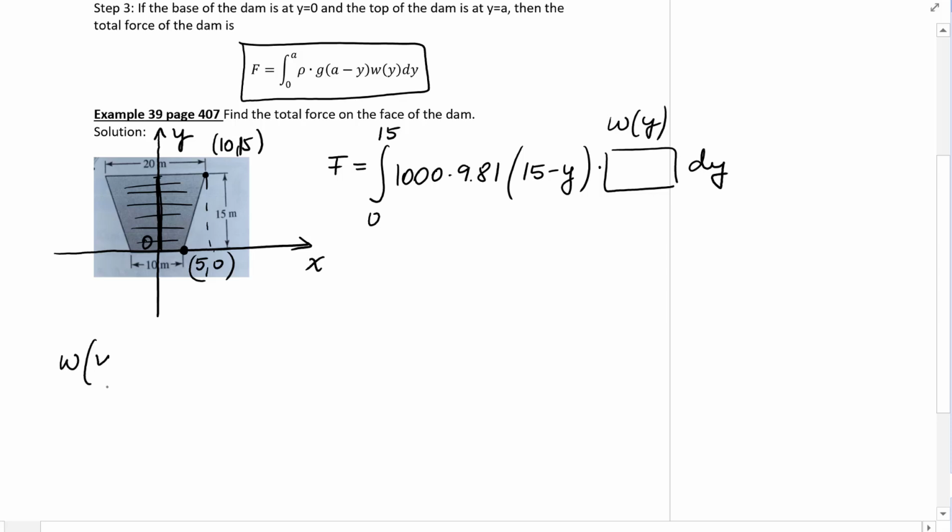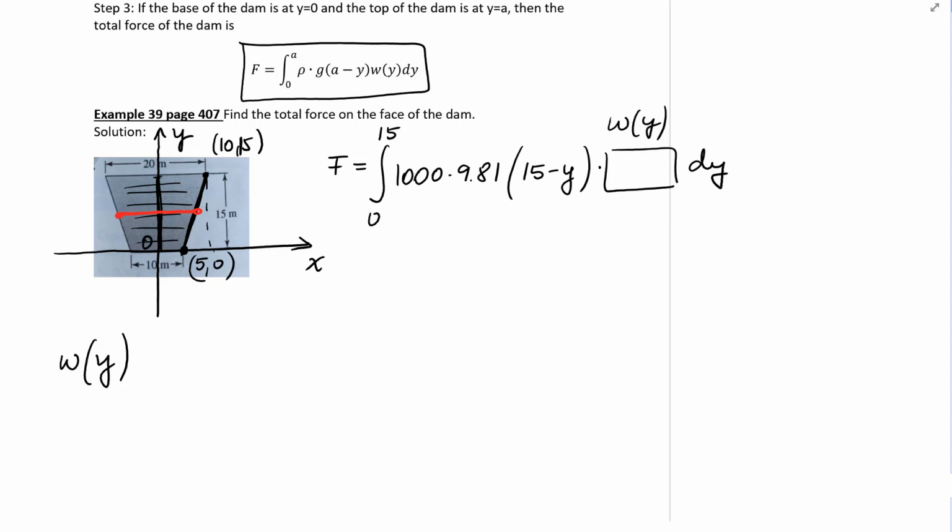Let's discuss w of y. What is that function equal to? Well, w of y is the width function. So I need to find out what's the equation of this. This one is giving me the width. So how do I find that?